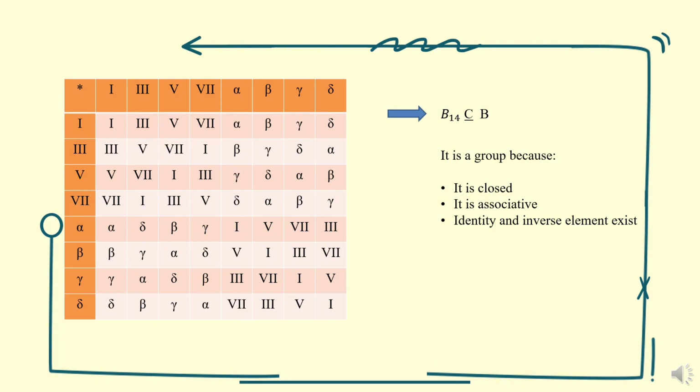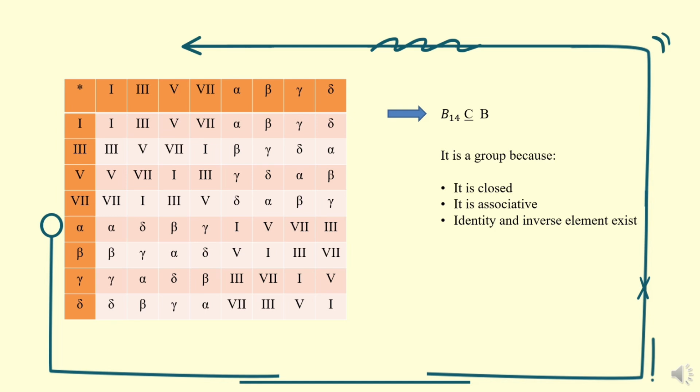Yes, because as you can see, the identity element 1 is placed diagonally in some places, but in the Roman numeral 3 and Roman numeral 7 part it is not in a diagonal place, but that's okay because it is a subgroup also, since identity and inverse elements exist.